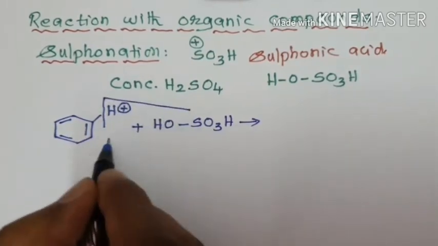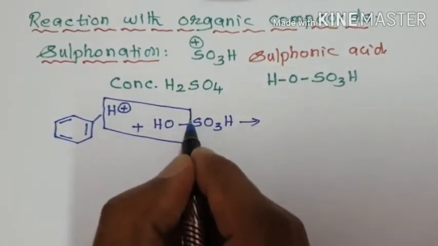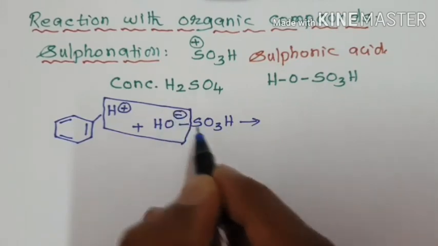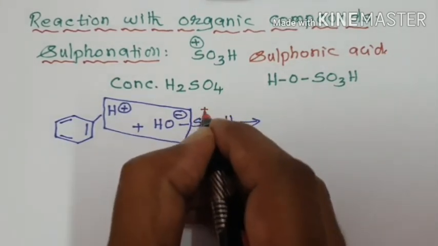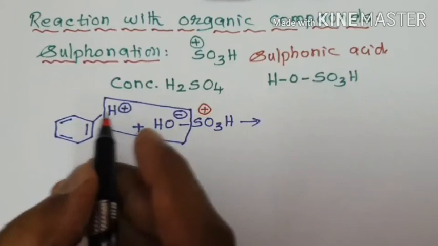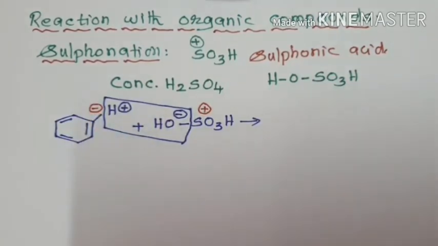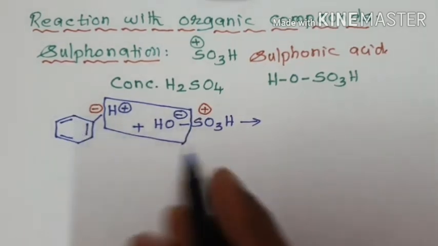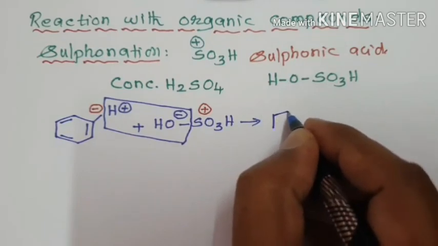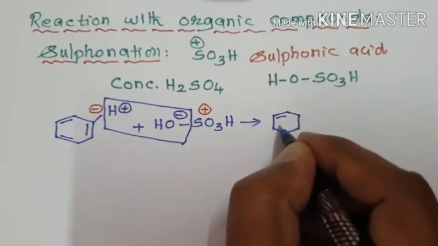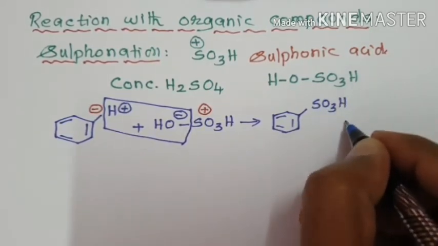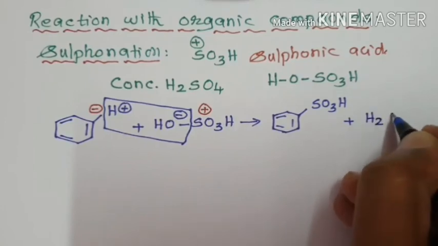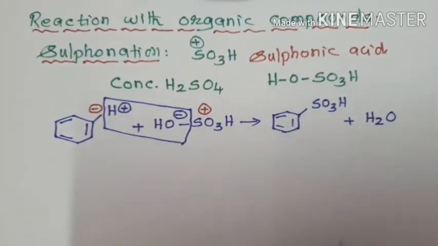This H plus combines with the OH minus of sulfuric acid. Because OH is removed as minus, the charge on sulfur is plus; H is removed as plus, the charge on this carbon is minus. When you add that plus to this minus, you get C6H5 with SO3H, plus water molecule H2O. This H plus and OH minus are removed as H2O.